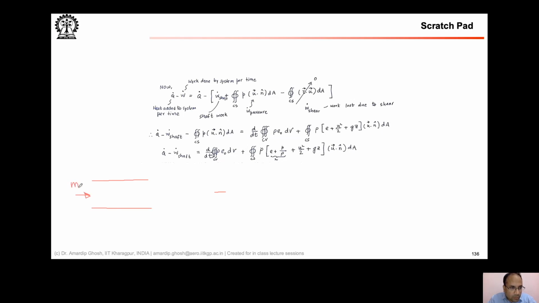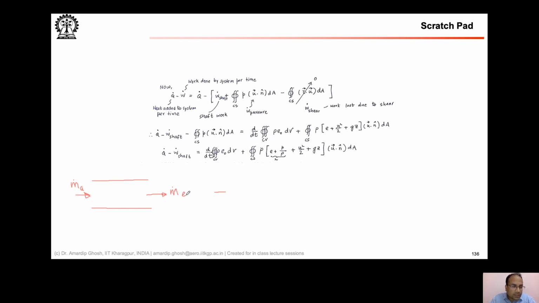So this is your m dot A, the mass of air that has been sucked in by your intake, and you have your m dot E, which is the mass of exhaust.